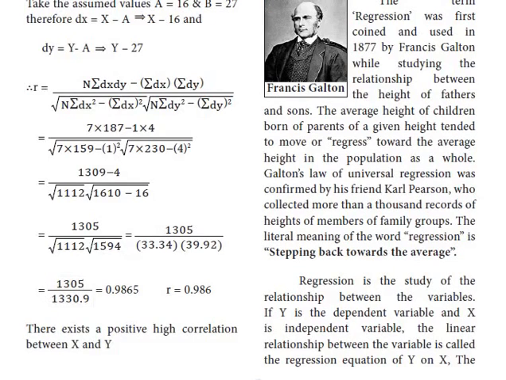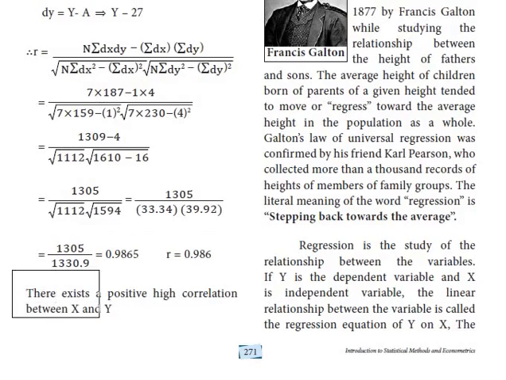On dividing the numerator 1305 by 1330.9, it gives you 0.9865, and rounding it to 3 decimal places, r is equal to 0.986. And in this problem also the solution is a positive high correlation because the answer is positive. So there is a positive correlation between x and y.